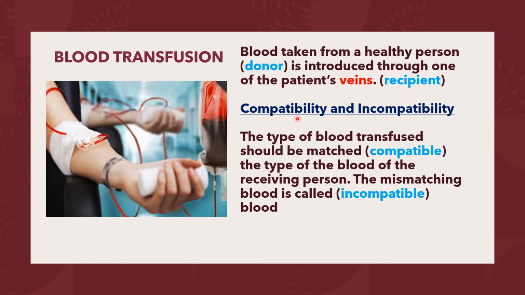If the recipient's blood is not matching with the donor's blood, we call it incompatible blood. If both the donor's and recipient's blood are matching, then we can say that is compatible blood.